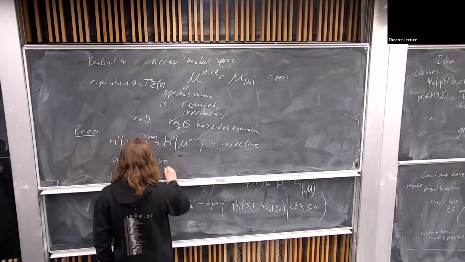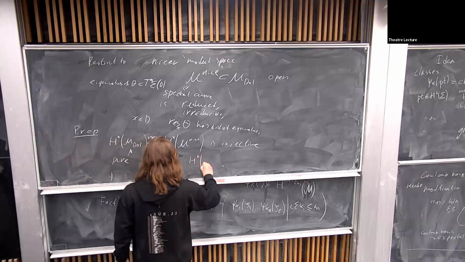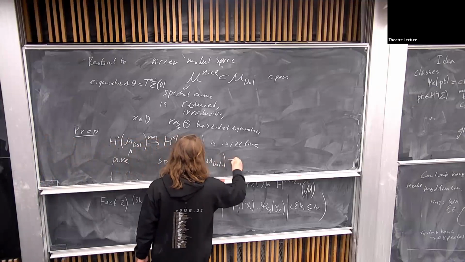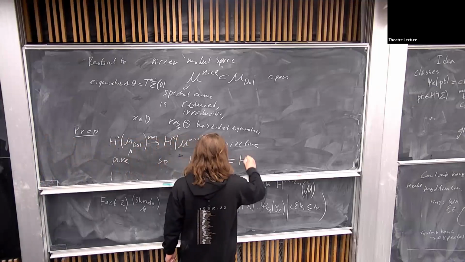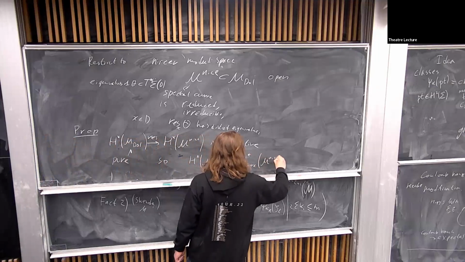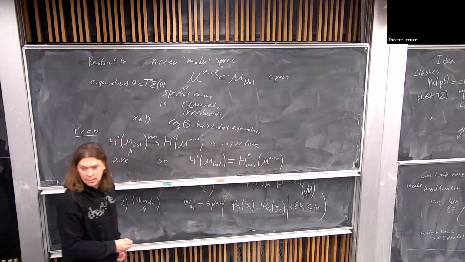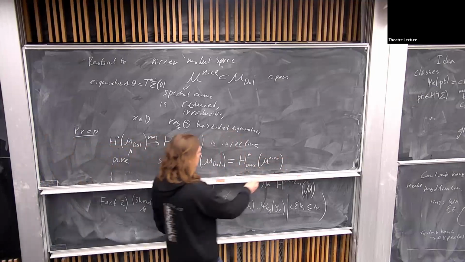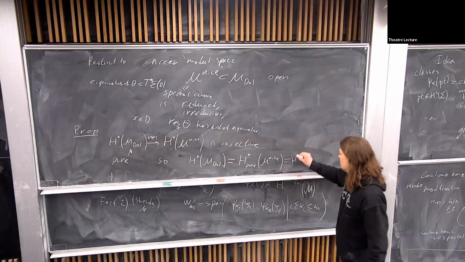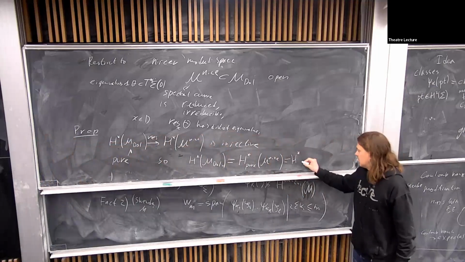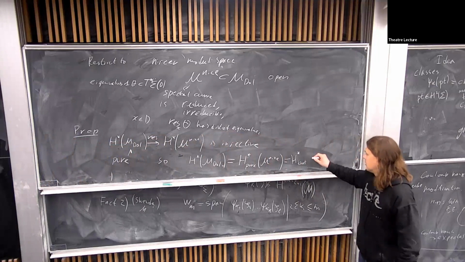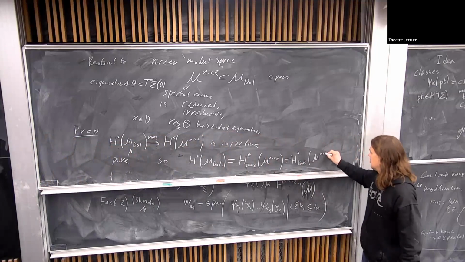So this cohomology group is identified with a pure part of the cohomology of this nice open part, and also corresponds to the image, the subring generated by tautological classes of this nice moduli space.